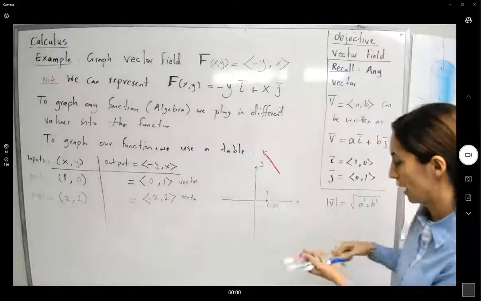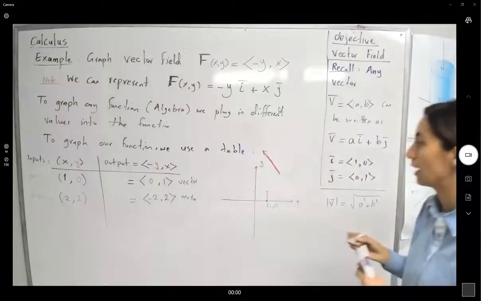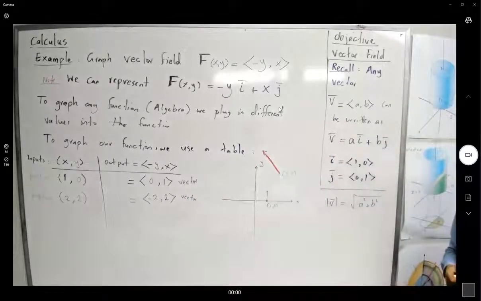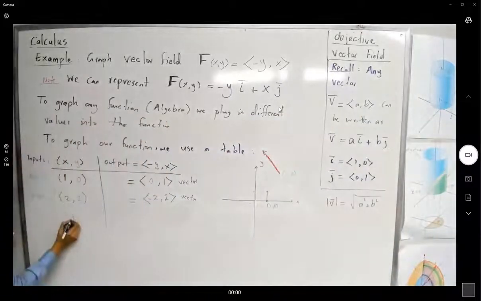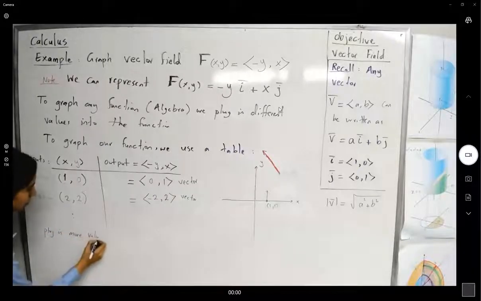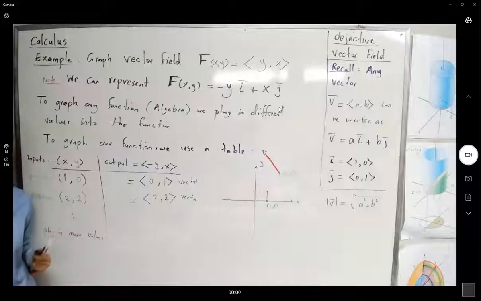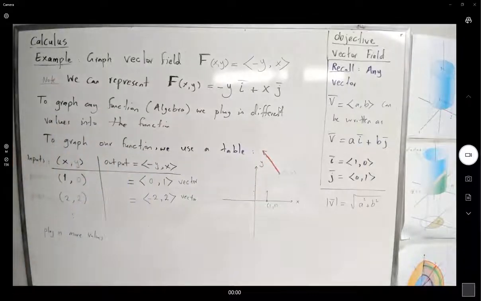So at 2 and 2, this is the output value of your function. We can continue this process. If you have time, plug in more values. Then it gives you a general idea of the behavior of this graph.